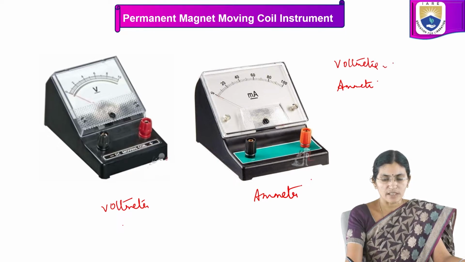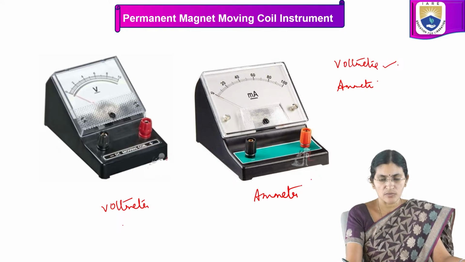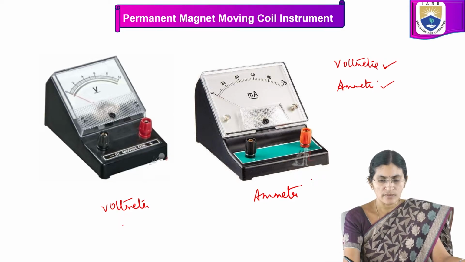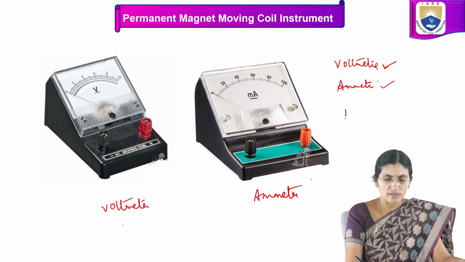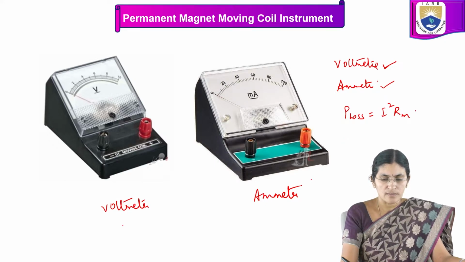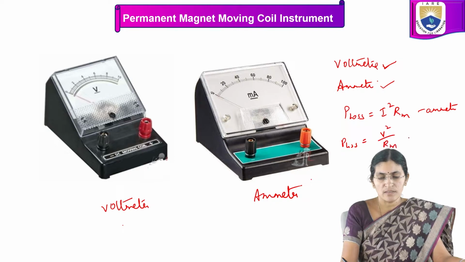A voltmeter is connected in parallel with the circuit whose voltage is to be measured, and an ammeter is connected in series with the circuit where current is to be measured. The requirements of a voltmeter and ammeter: we have the formula P loss is equal to I square into R for an ammeter, and for a voltmeter V square by Rm.